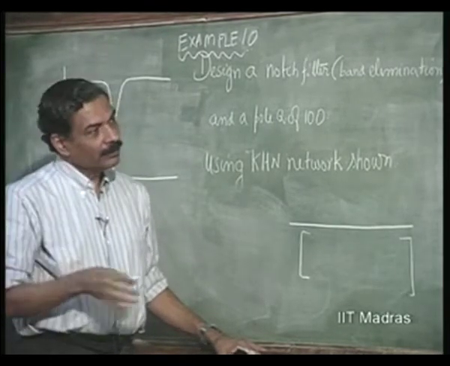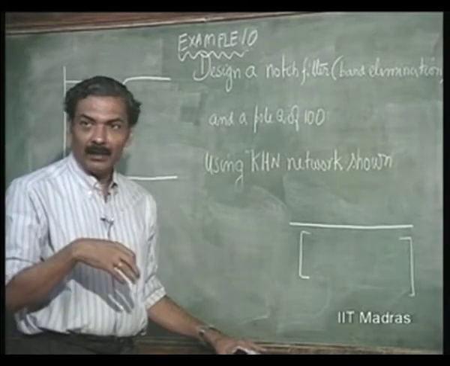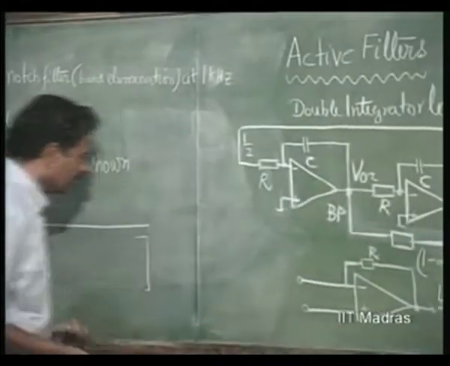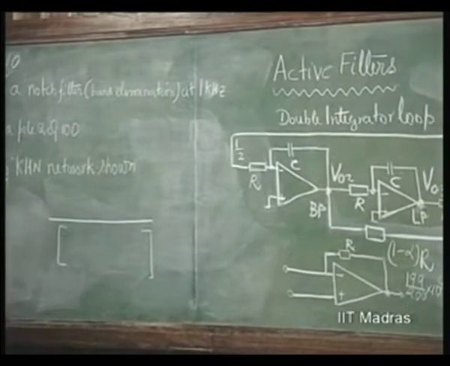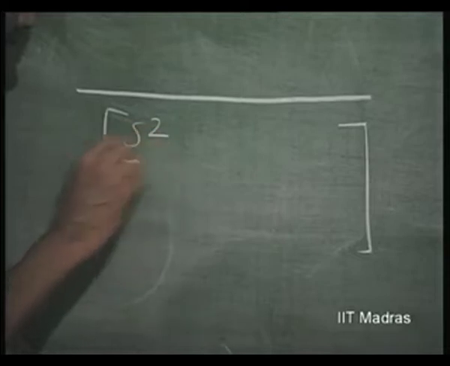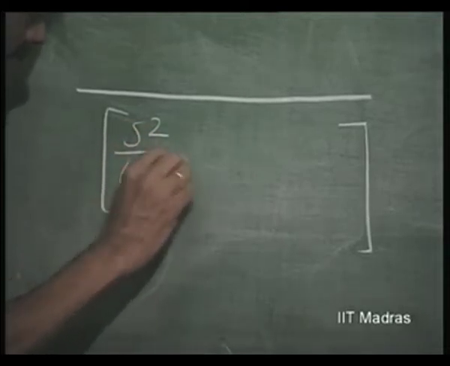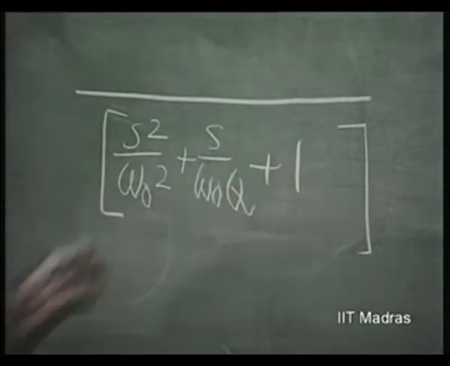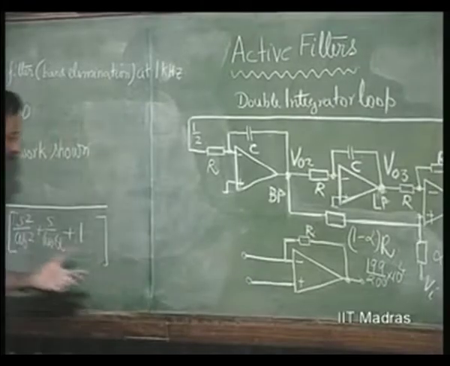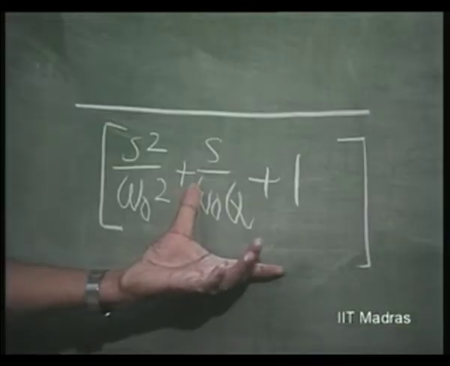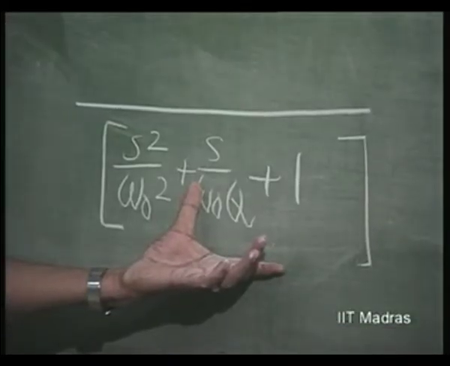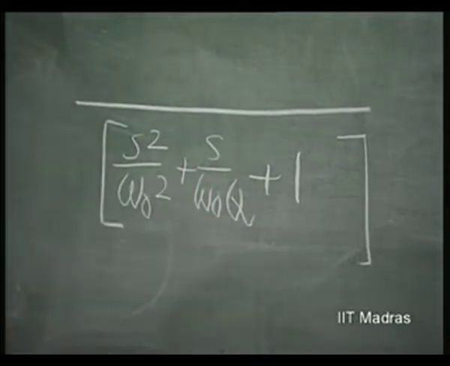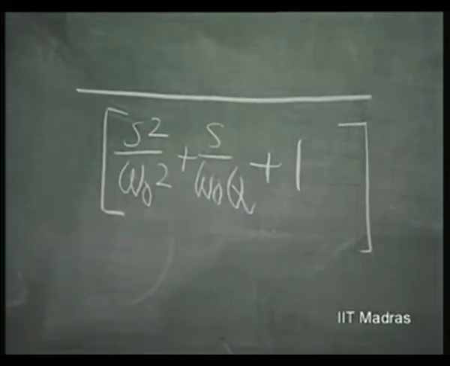You can now take the outputs and add or subtract using another operational amplifier, so that the zeros can be anywhere. So, the denominator always remains the same once the loop is fixed. This is, as far as you are using this network, poles remain the same. Please, poles are characteristic of the feedback, they cannot be changed. Now, zeros can change, the numerator can change.